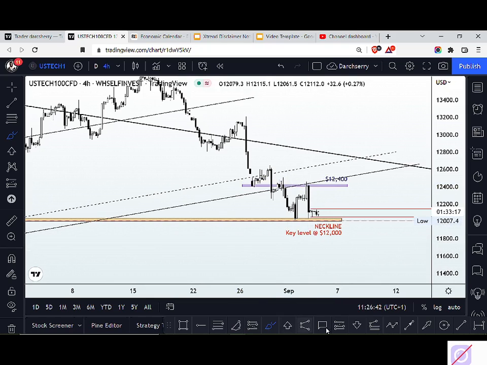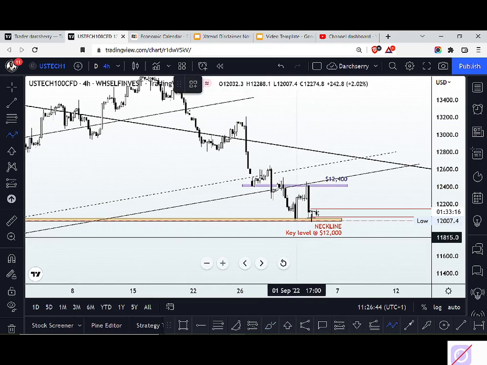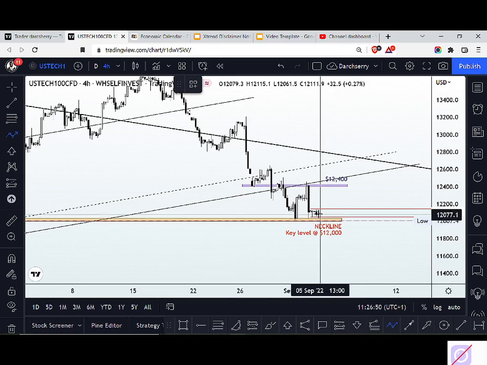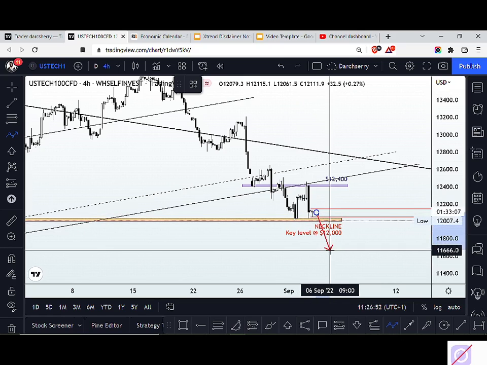However, if at any point in time during the week price breaks down the neckline area here, that is, price breaks down the neckline at the $12,000 mark, then we want to see this as a signal that a bearish momentum is imminent. So if this signal happens, remember, we don't want to get too excited at the sight of the signal.